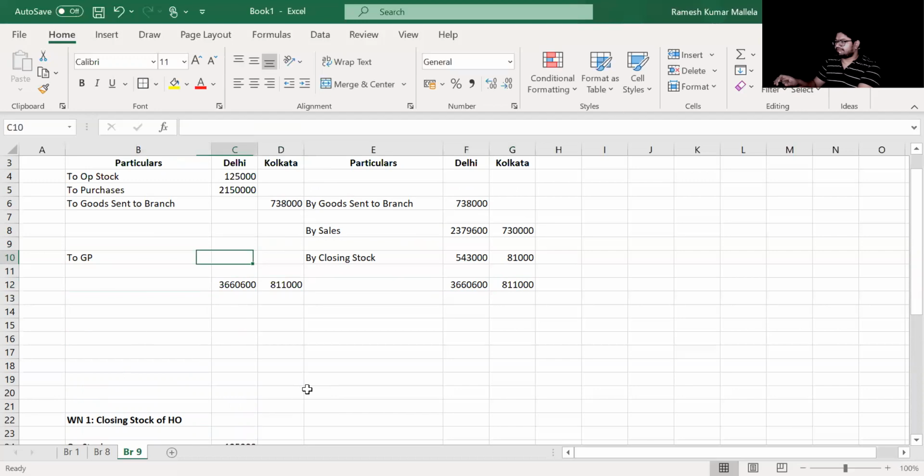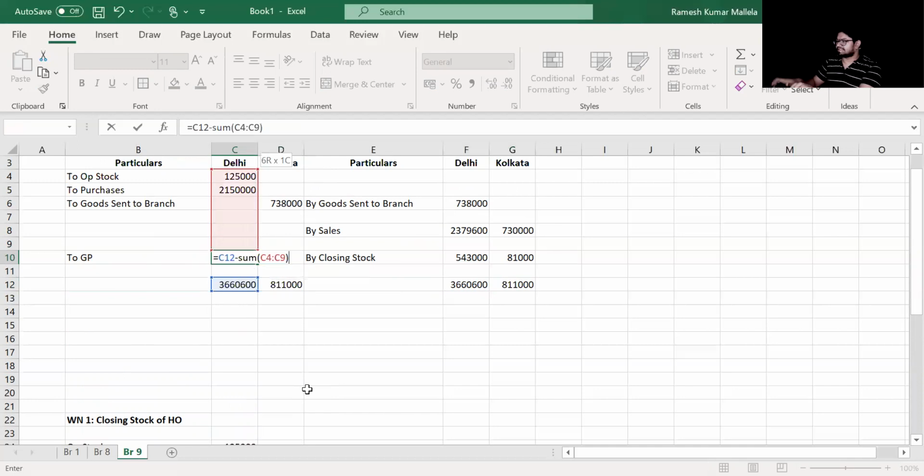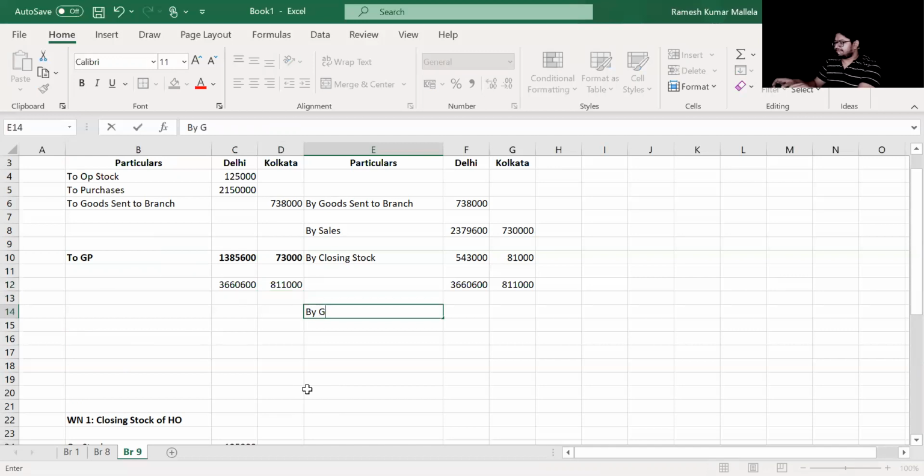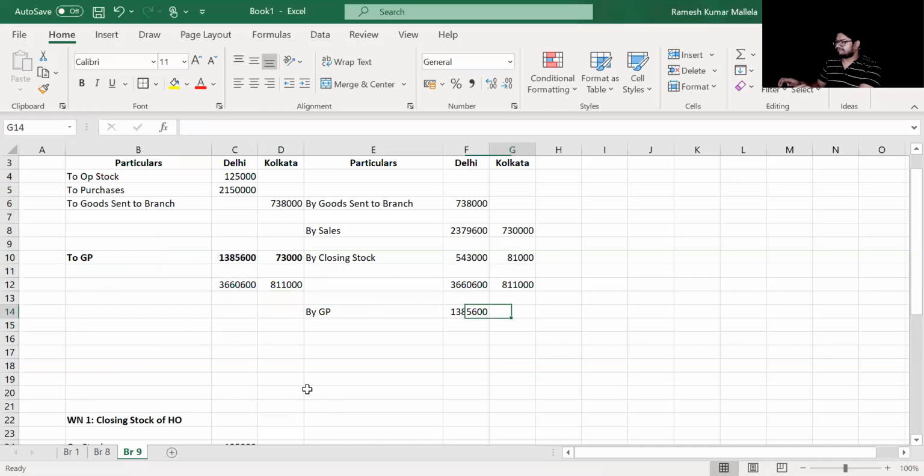To gross profit, it is going to be this minus sum of all these. Okay. So the gross profits what I got is 13,85,600 and 73,000. That's all. Okay. So the same gross profit will be brought down by GP. It is basically 13,85,600 and 73,000. Now let us go ahead with expenses.